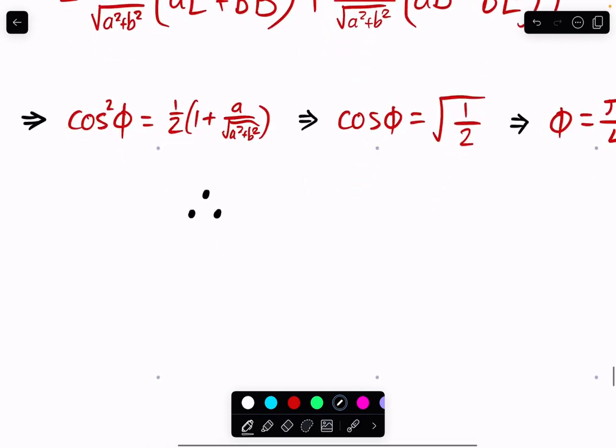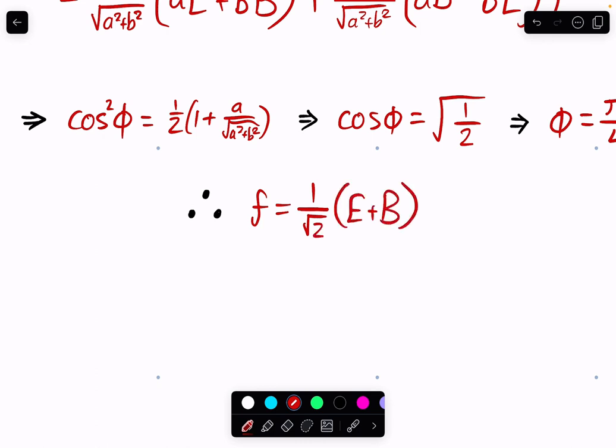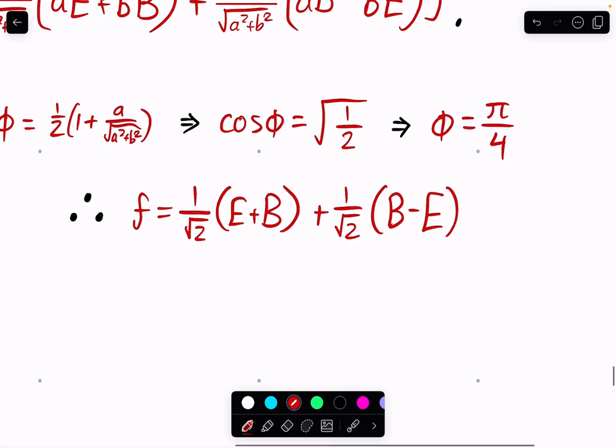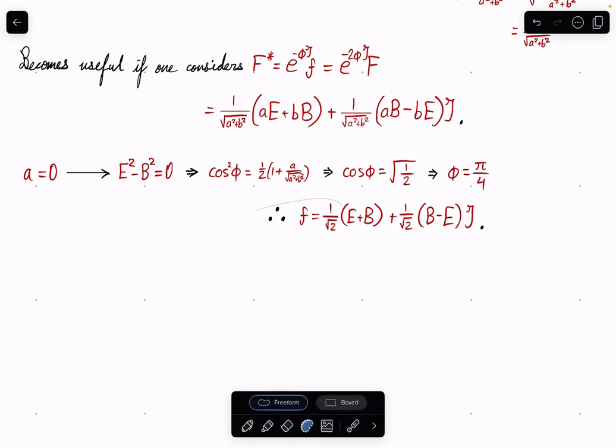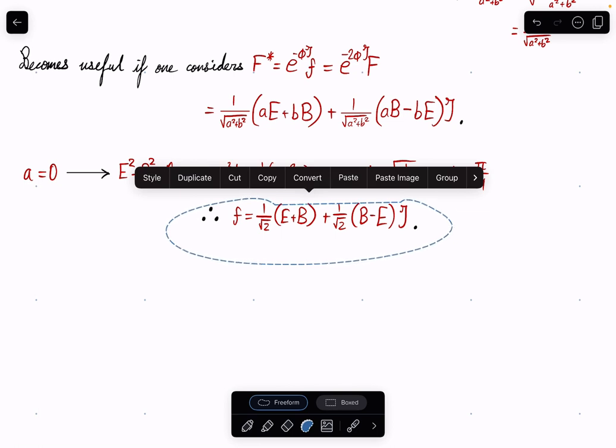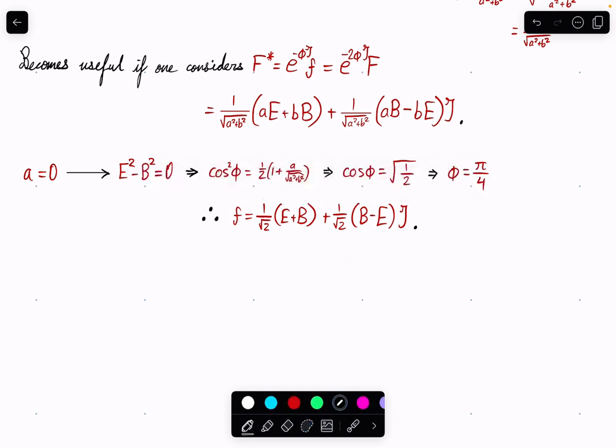So you end up with little f equal to 1 over the square root of 2 e plus b, plus 1 over the square root of 2 b minus e I. So essentially, you end up with this canonical bivector being the dual.